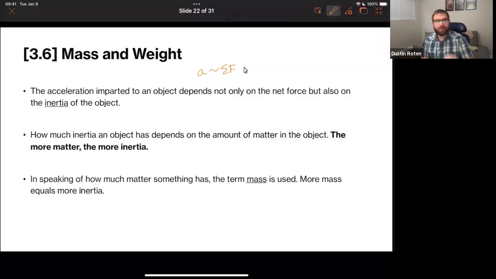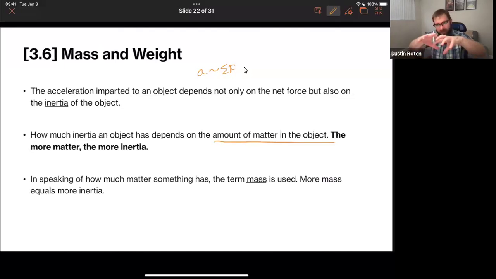There we go. So remember that acceleration and net force are directly proportional. You increase one, the other one has to increase. But there's something else that affects acceleration, and that is inertia. How much inertia an object has really just depends on the amount of matter in the object. So the more matter, the more stuff, the more inertia.